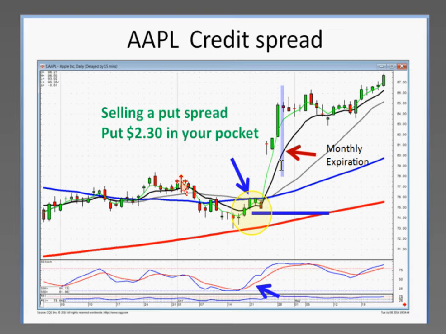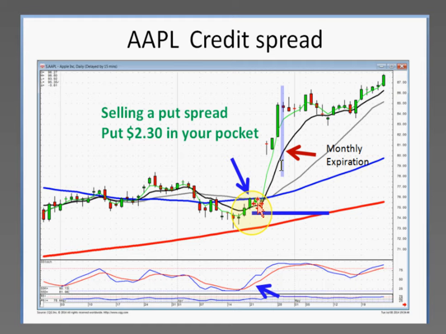So there's going to be times doing a credit spread. For example, this is selling a put spread, which puts $2, and we were trading this on Apple a while back. If you're selling a put spread, remember, selling a put spread is bullish. That means you're selling the spread, putting that money in your pocket, and let's say this is the expiration date, not too far away.